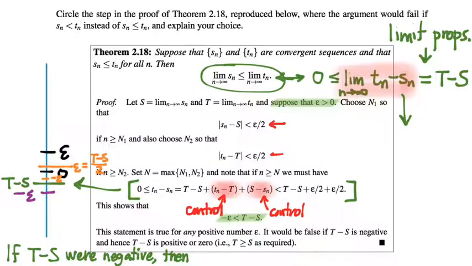If t minus s were negative, then there exists an epsilon greater than 0 with t minus s not greater than minus epsilon, right? And so the statement down here at the bottom, in fact, shows that t minus s must be greater than or equal to 0, because it's not possible under those circumstances for t minus s to be negative.